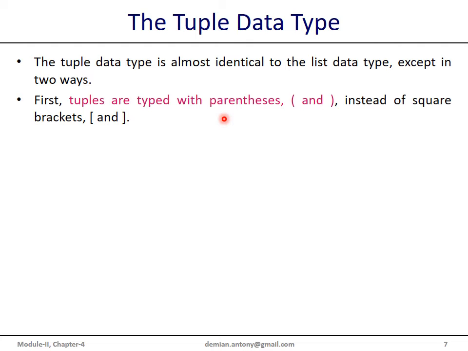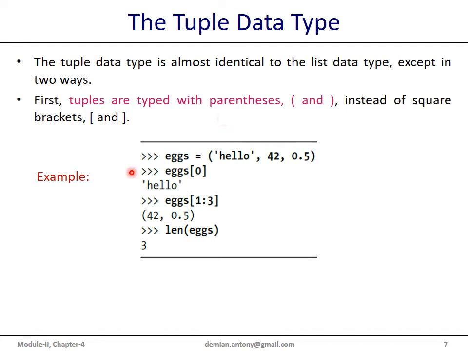The individual items of a tuple should be enclosed with parentheses rather than the square brackets. Square brackets are used to represent a list. Here is an example. We create a tuple. Observe that we have not used a square bracket. If you use square bracket, then the list X becomes a list. We have used the parenthesis. It means that X is a tuple data type.